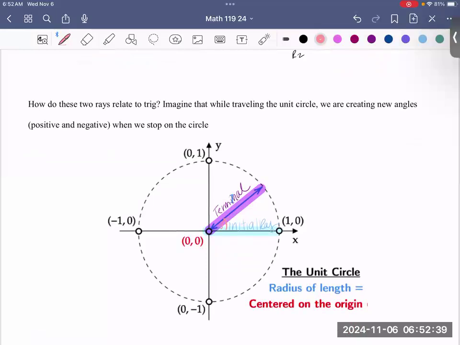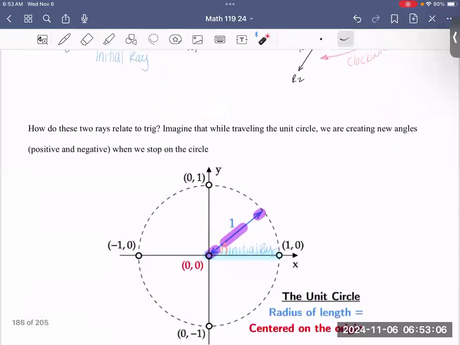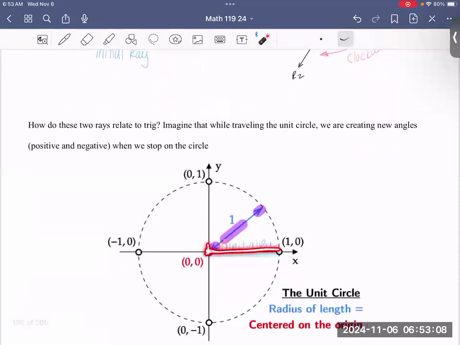Right under where it says terminal, we have the value of 1. Well, what is that 1 talking about? A radius is anywhere from the center, the origin, or the vertex we talked about previously in geometry, being O. In our case, we're going to be pivoting around this origin, so at each point in time, we're going from the origin.